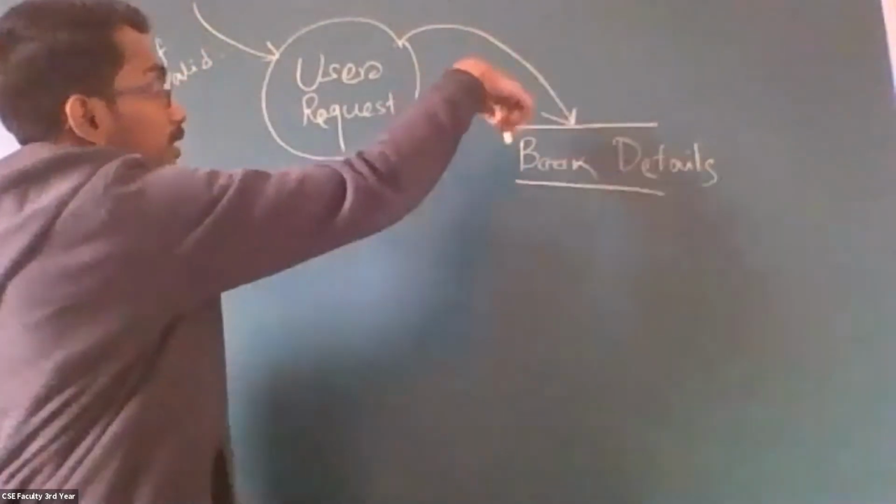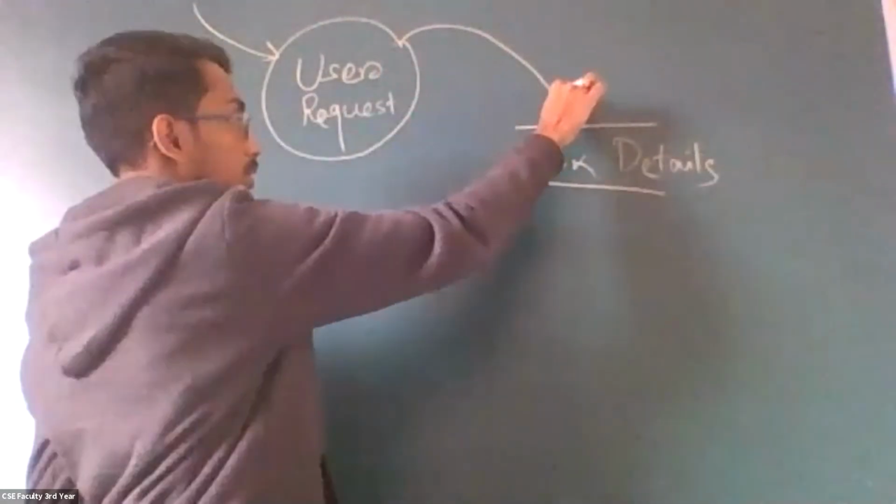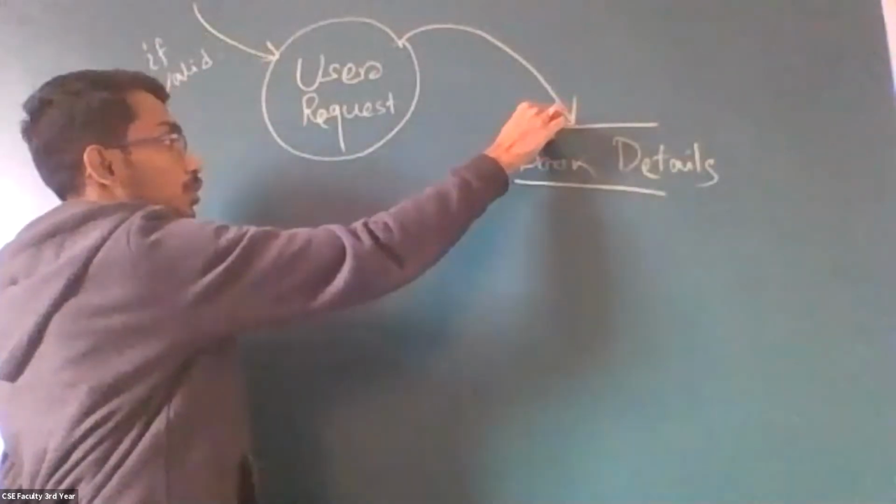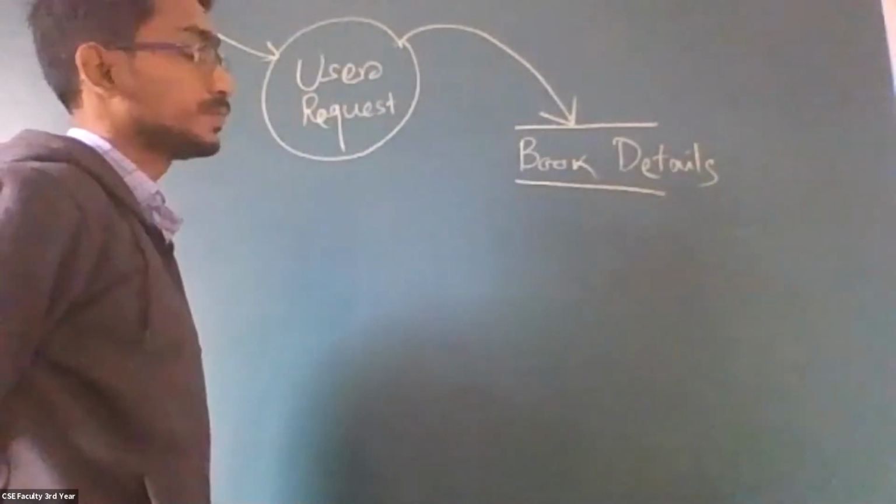Now what can I write in this arrow, in this data flow? What will be the label for the data flow?